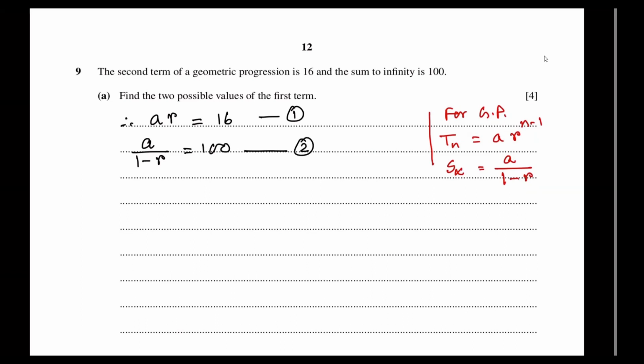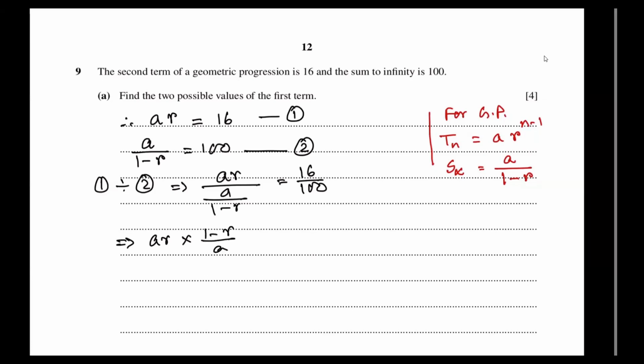Now simply divide equation 1 by equation 2. That will give you ar divided by a by 1 minus r is 16 by 100. So we have ar into 1 minus r divided by a equal to 4 by 25. Now here a cancels out.